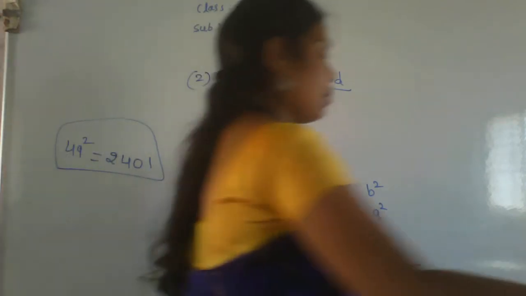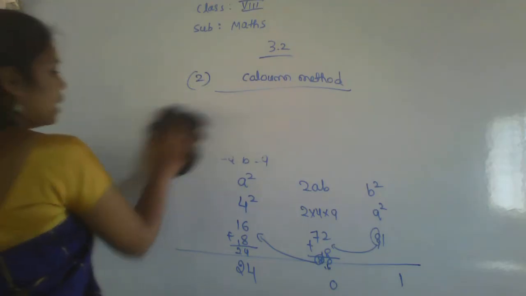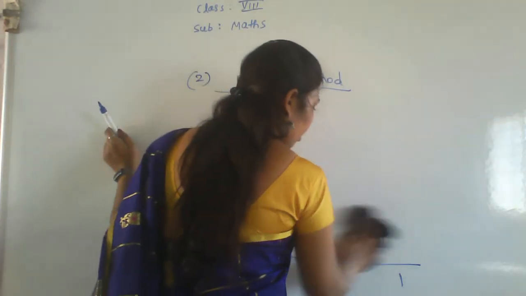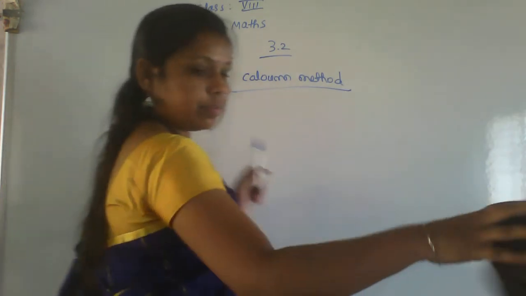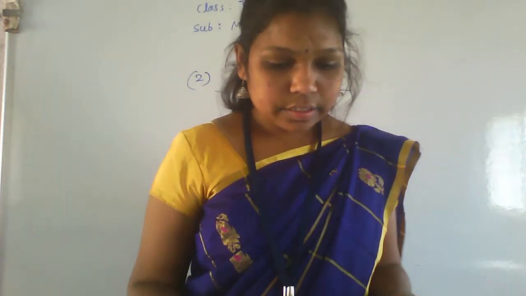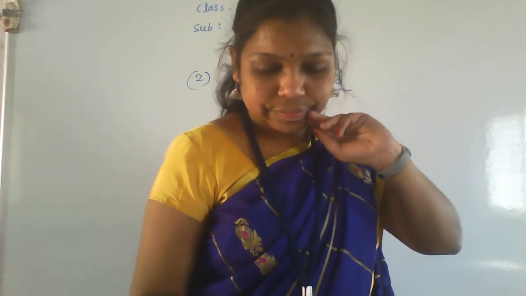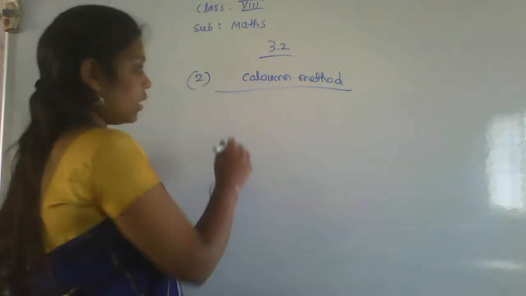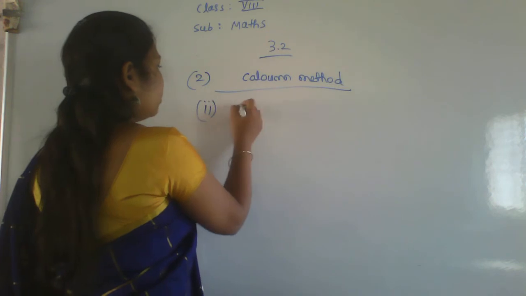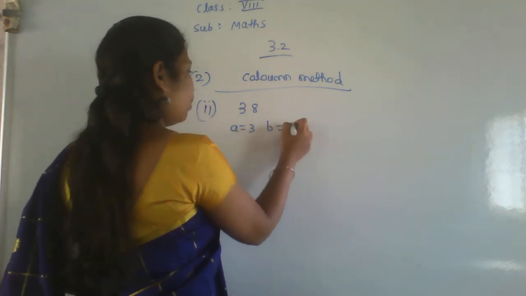I'll give another example. We'll do the second problem. Second problem, 38 is there. 38 means A is equal to 3 and B is equal to 8.